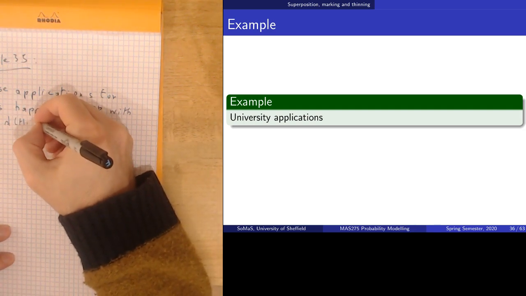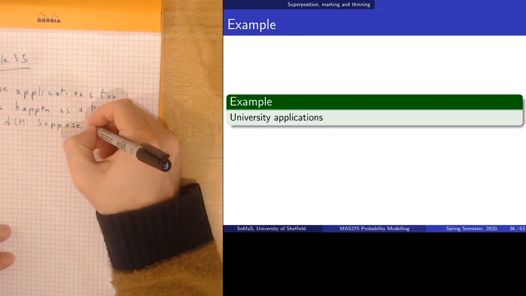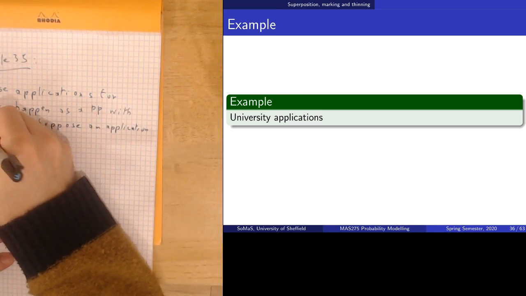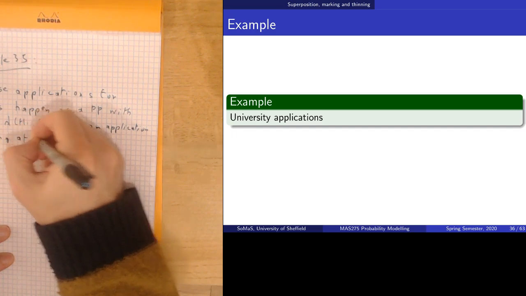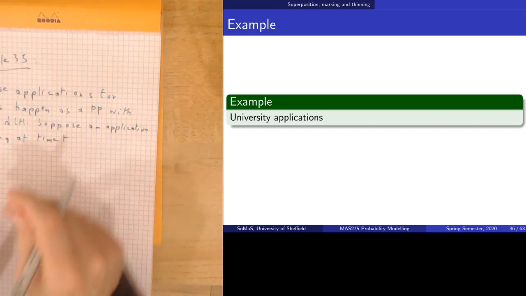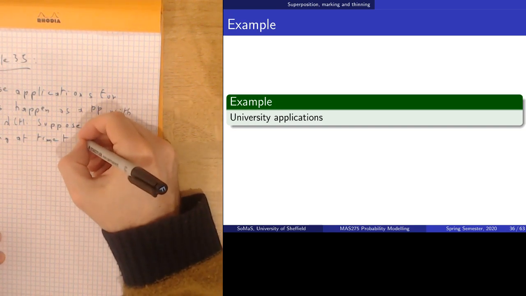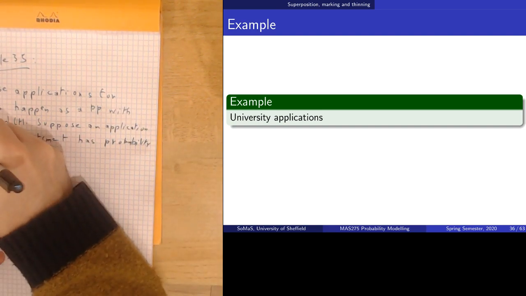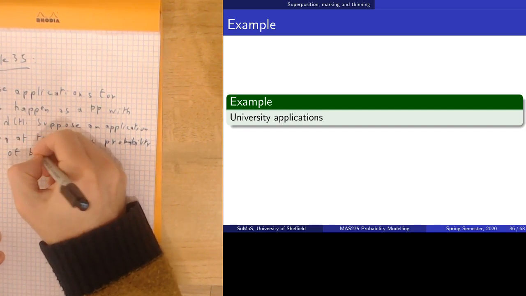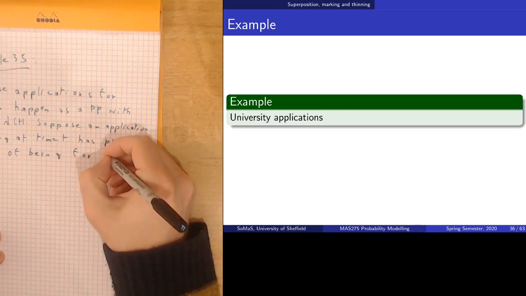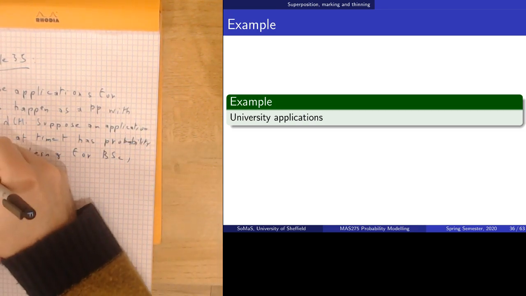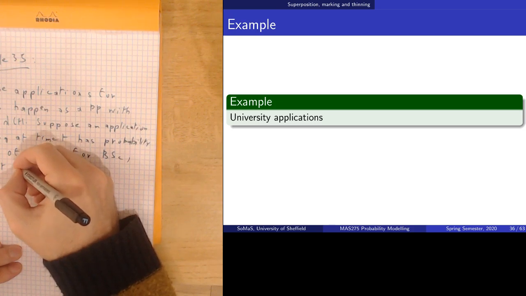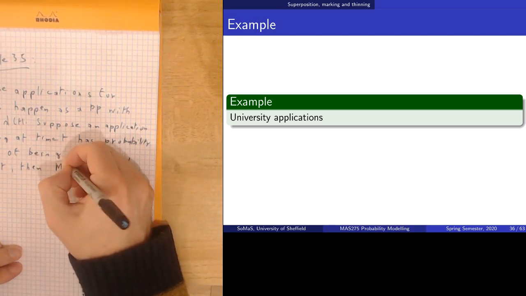And suppose an application coming in at time t has a probability p of t of being for a BSc, and if it's not a BSc application, then it's a master's application, an MMath.